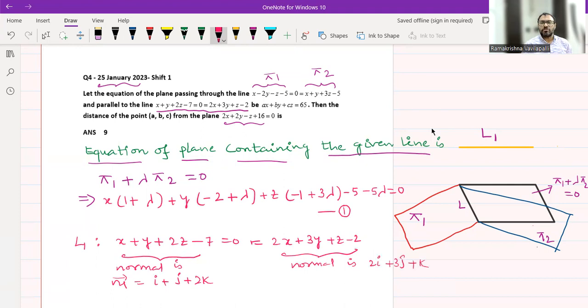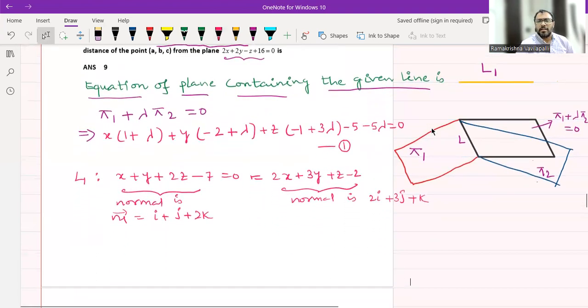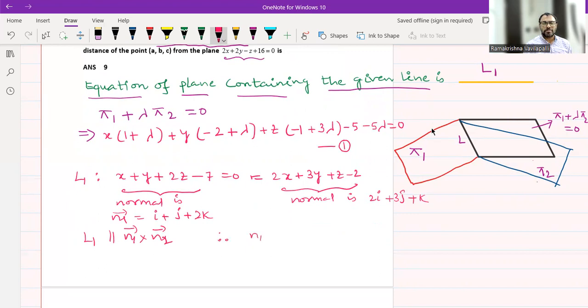Now we need to find out the DRS of this line L1. The DRS of line L1 is parallel to N1 bar cross N2 bar, because L1 lies on both the planes. So L1 is perpendicular to N1 and L1 is perpendicular to N2.